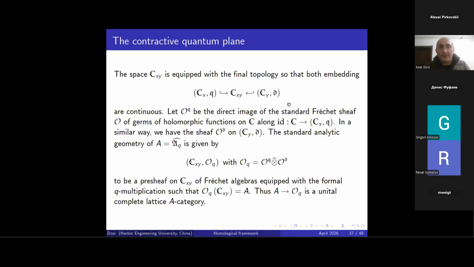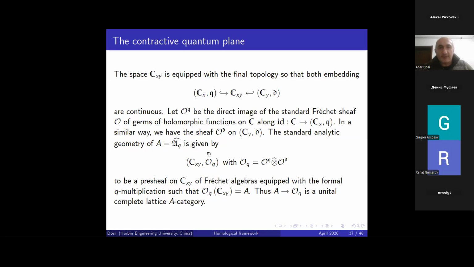I can unify them and get a final topology such that both inclusions are continuous. Concerning the presheaf structure, I can take the standard sheaf of germs of holomorphic functions and draw it to the left line, and in the same way to the right line.